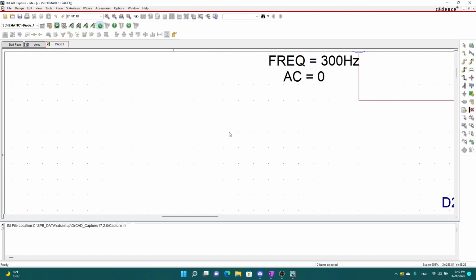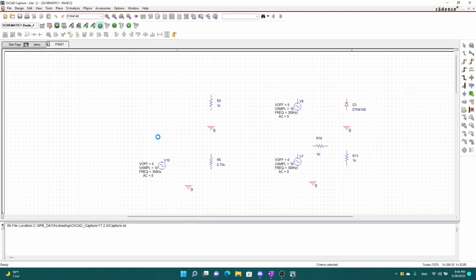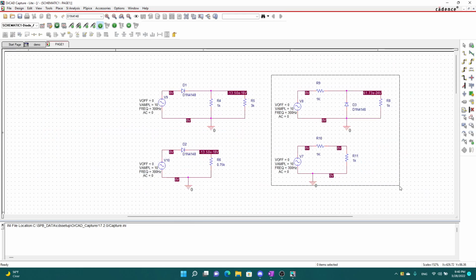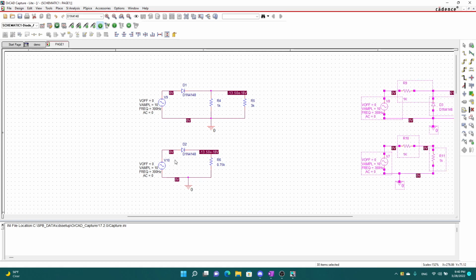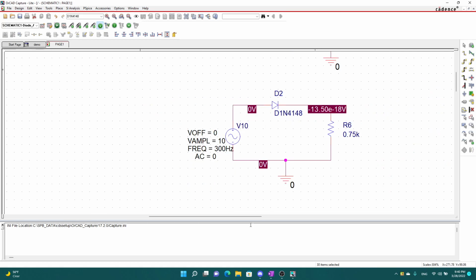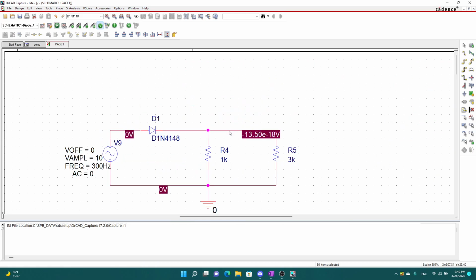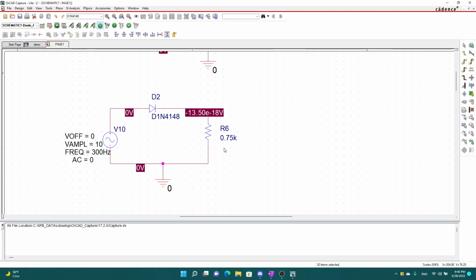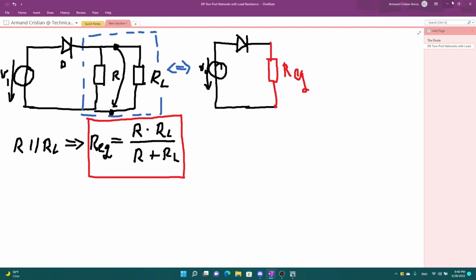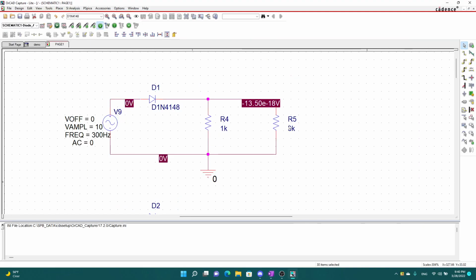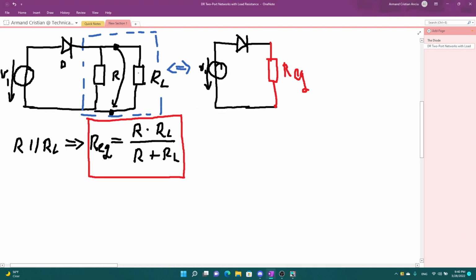These are the first two circuits, so this one and this one. I'm just going to move this a little bit more to the right so they don't interfere. In the first circuit we have R4, which is our R resistor, equal to 1 kilo, and R5 is 3 kilo.